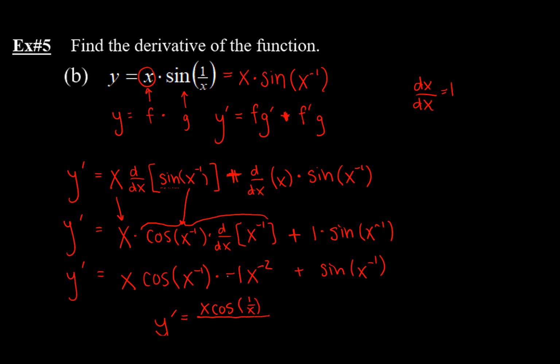And then notice there's this negative sign right here, so I'm going to put that in the numerator. And then x to the negative 2 means that x squared is in the denominator. And then the plus comes down, and then sine of 1 over x. And then that's my final answer.